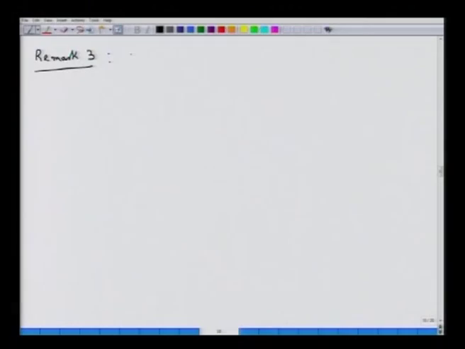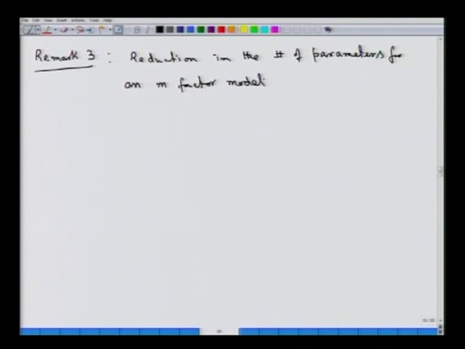Now, here what we are concerned about is the reduction in the number of parameters for an m-factor model. Now, parameters in terms of the sigma matrix, because we are trying to explain the variance covariance structure.